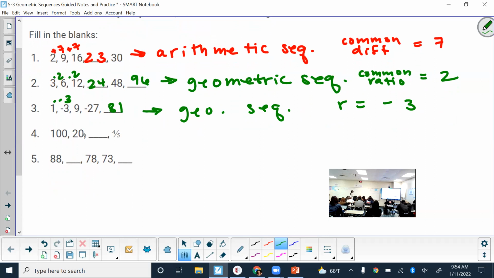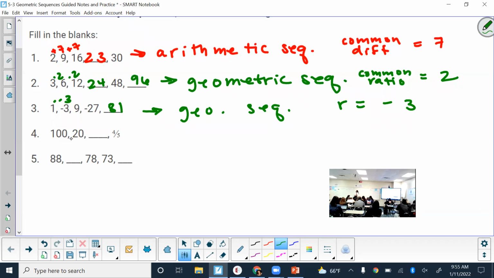All right, number 4. What's the pattern here? How can I go from 100 to 20? 80, but then it looks weird. I get a fraction at the end. So what else could I do? Any clue? So maybe try seeing what 100 divided by 20 is and see if that makes a pattern.